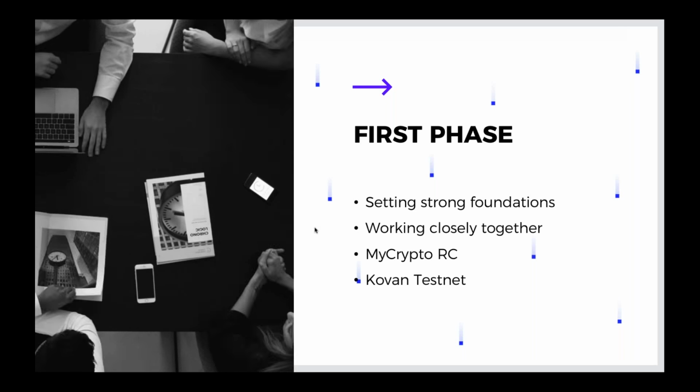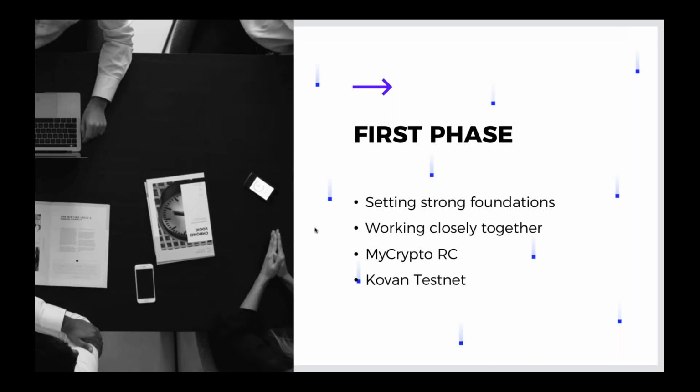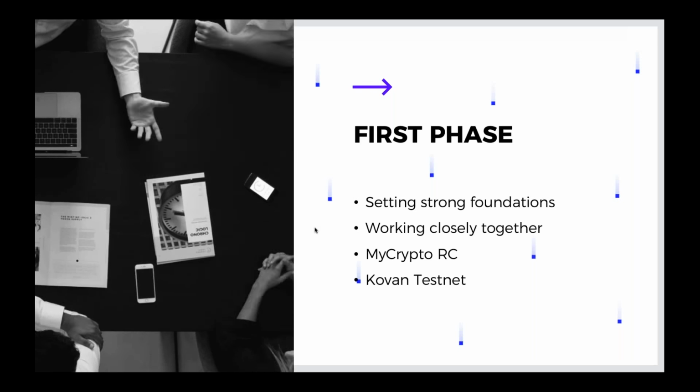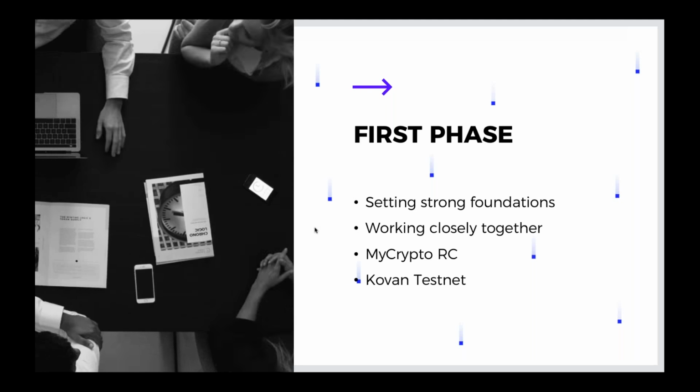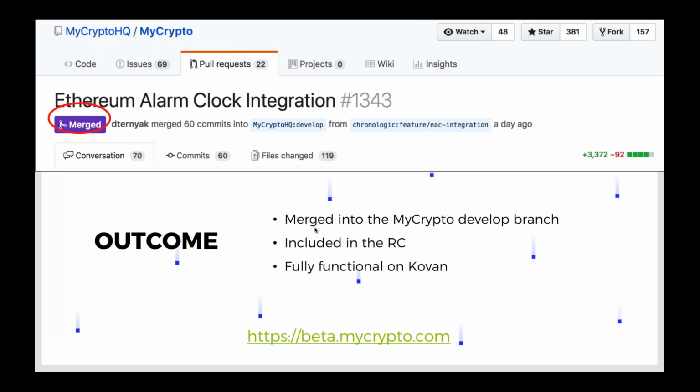So with that in mind, I'm pretty sure you guys have seen the latest webinar where we went through this functionality, but let's go through it again. And I'm also very happy to announce that we have finally been integrated with MyCrypto.